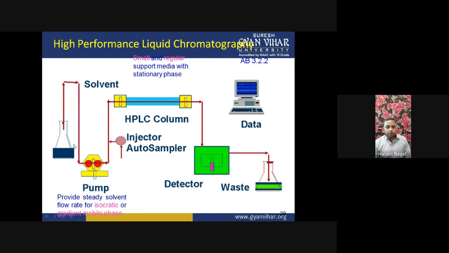This here is the mobile phase. We have in this bottle the mobile phase, I mean the mixture of solvents, and this solvent is passed through this pump here, and this pump provides a steady solvent flow rate for isocratic as well as for gradient mobile phase.